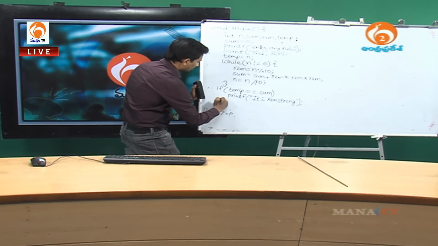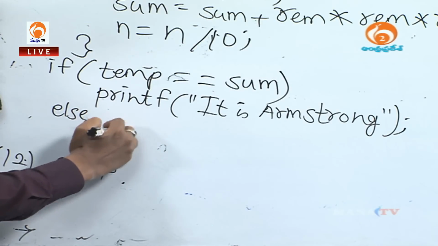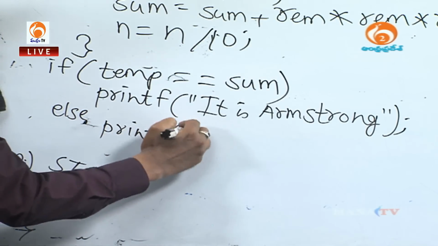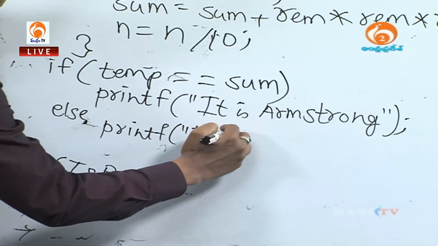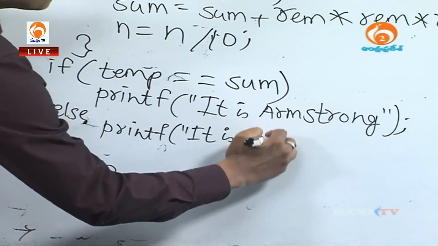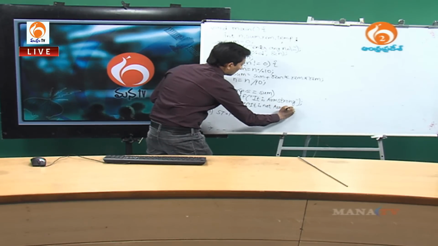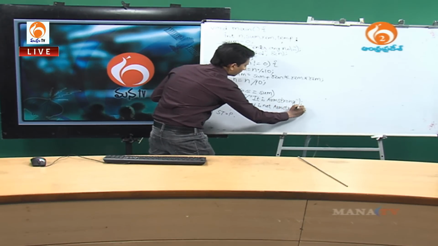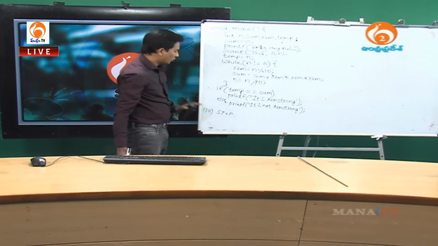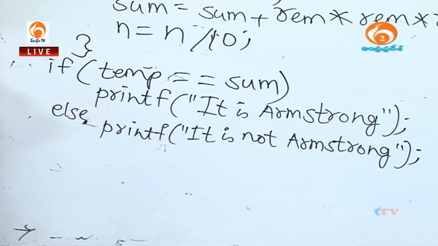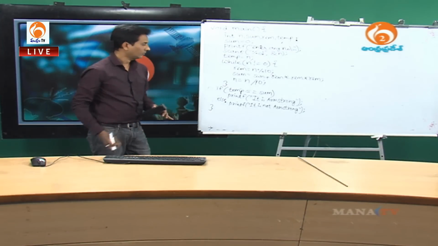Else, printf, it is not Armstrong number. Stop. End of the program. This is start, this is stop, okay.